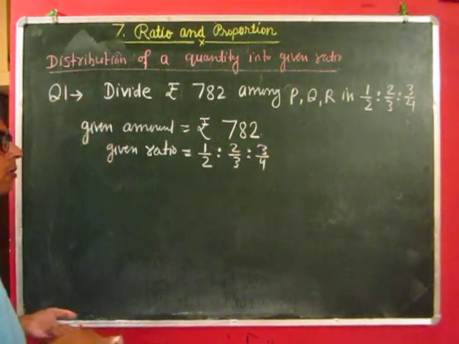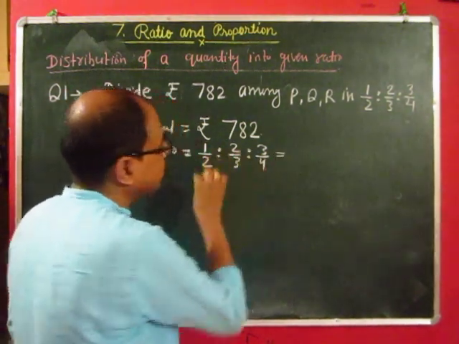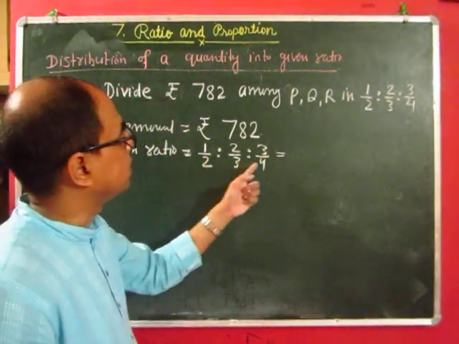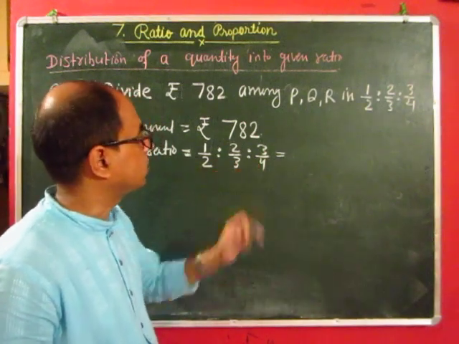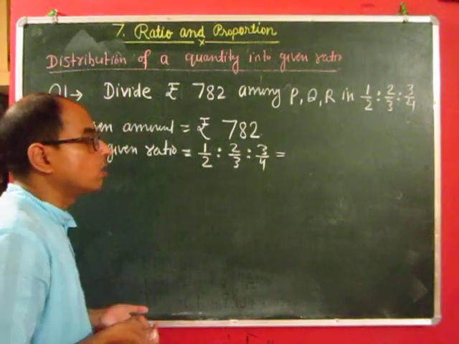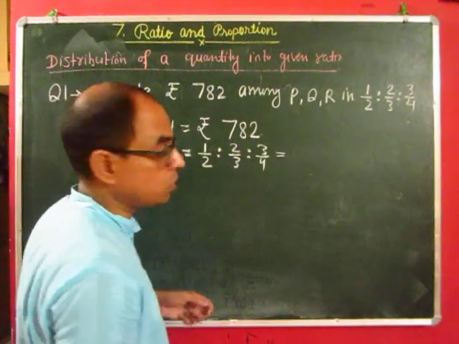First of all, as I said in the concept, whenever the terms of a ratio are given in fraction form, convert the terms into whole numbers for convenient calculation.